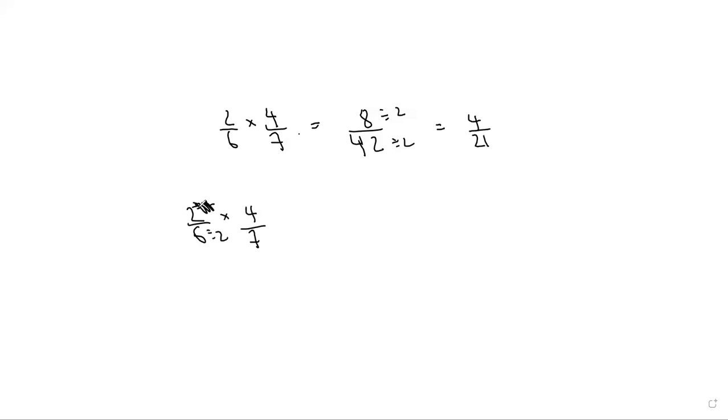For this, you would just get a 1 on top, so I'm not going to bother to write that. In this, you would get a 3. And then you have a 4 on top, and on the bottom, you have a 3 times 7, which is 21. So either way, you will get the exact same answer, and you'll end up taking out the exact same factor, regardless of how you do it.